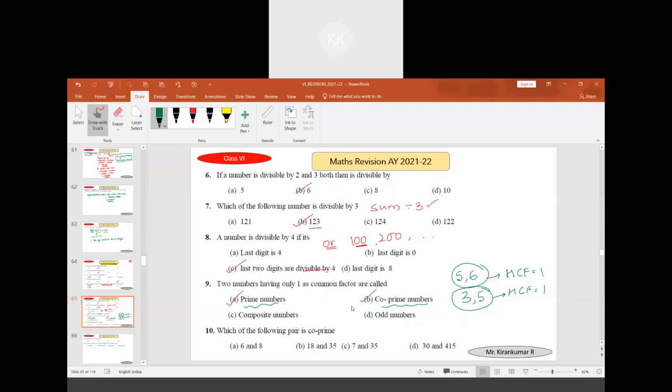I have a doubt, sir. Then what is the meaning of twin prime? Twin primes are prime numbers whose difference must be equal to 2.